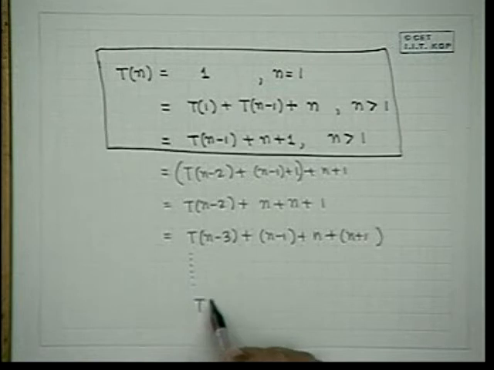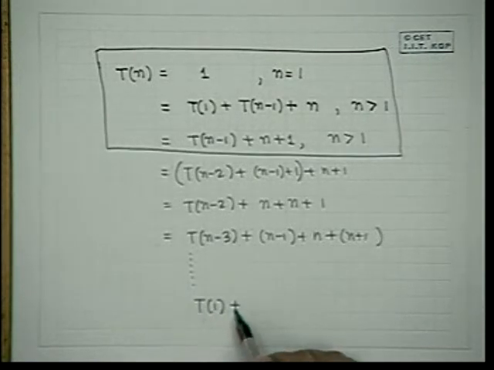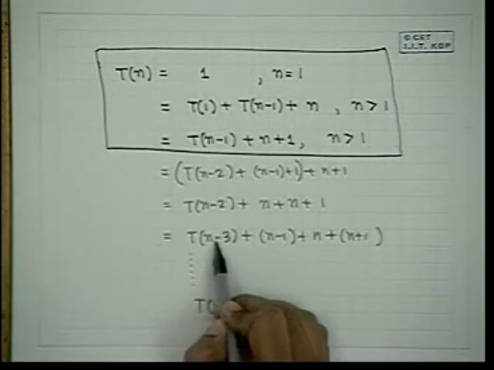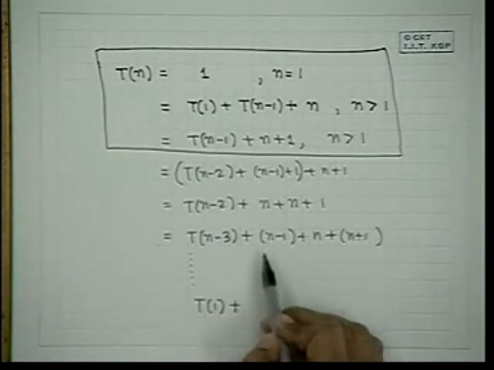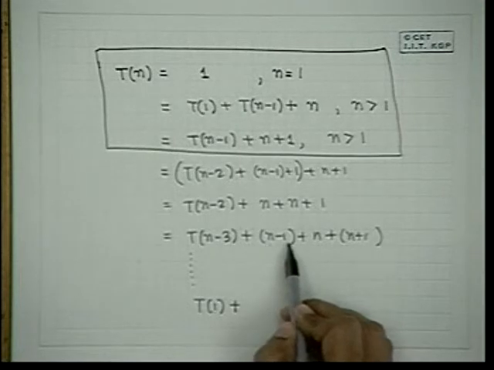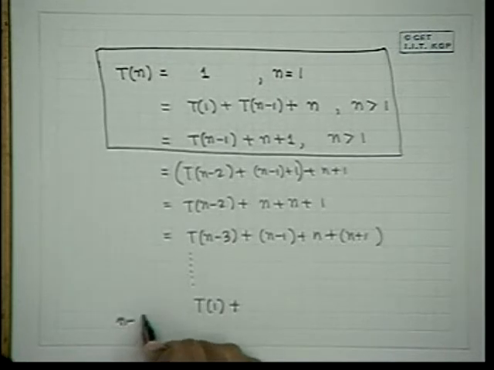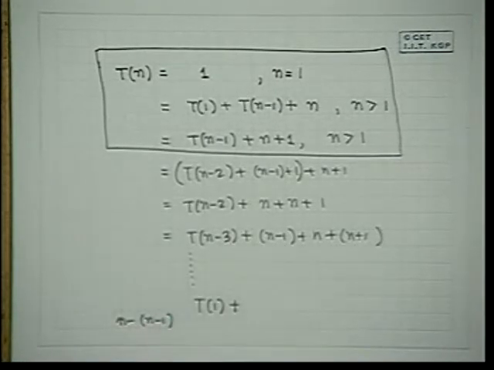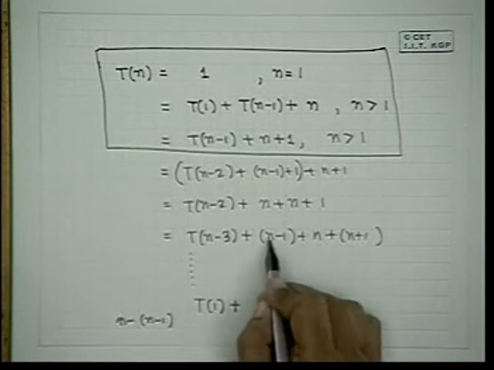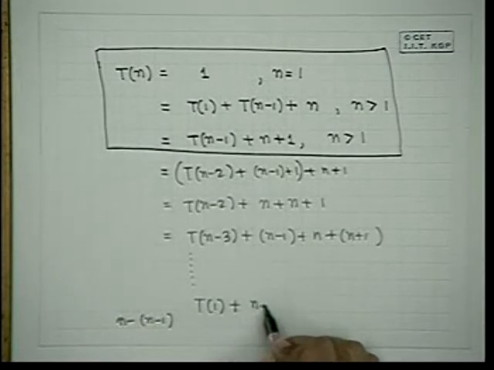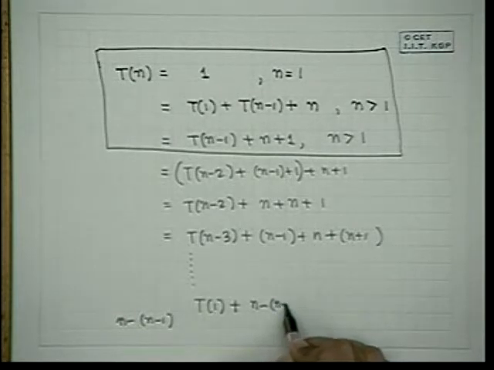And this will go right up to T1 plus, when this is n minus 3, this starts from n minus 1. So when this is 1, which is equivalent to n minus 1, it will start from n minus 3.